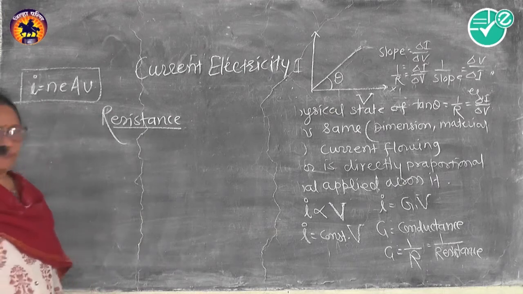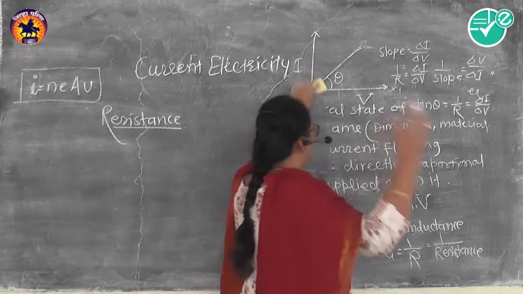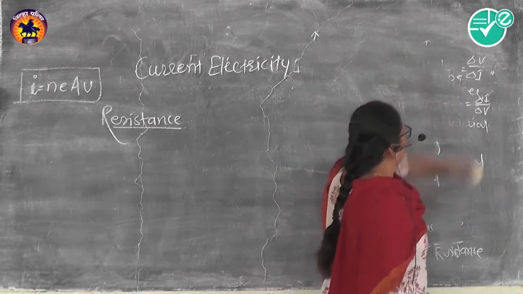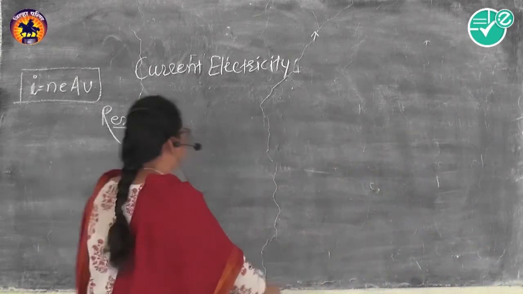But before that, we have to remember one thing again: in accordance with the flow of electric current through any material, we divide materials into three categories.